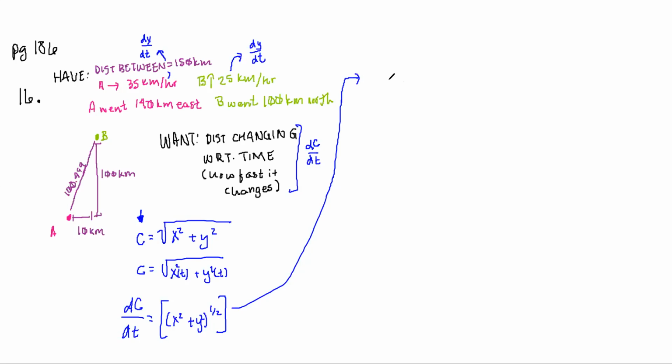So I'm going to say that g is equal to x squared plus y squared, both of those being functions of t. g is a function of t, technically. Then g prime of t is going to be equal to, what is this going to be?